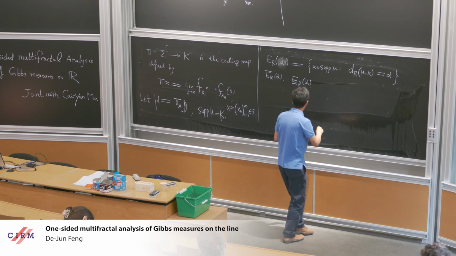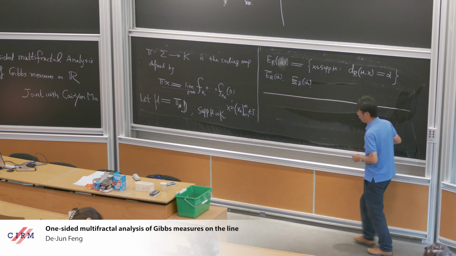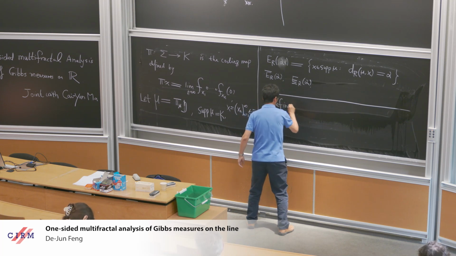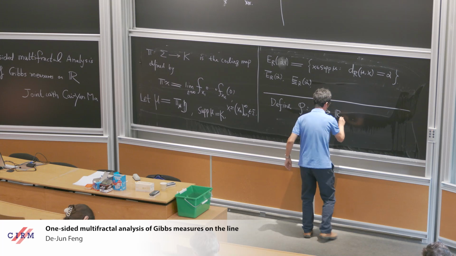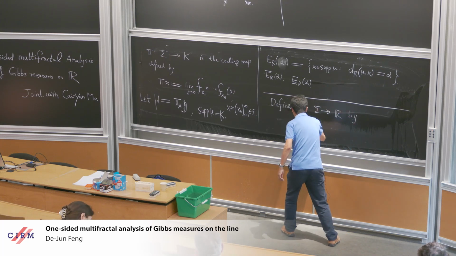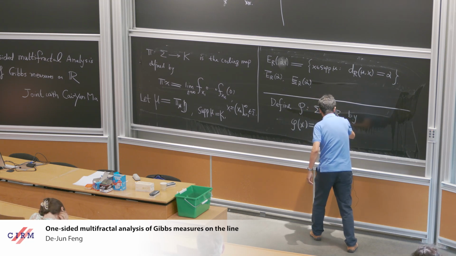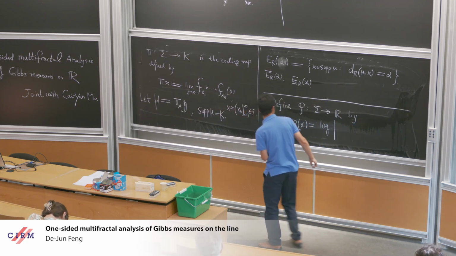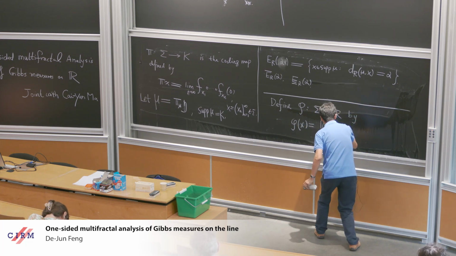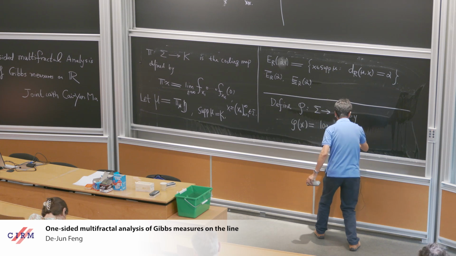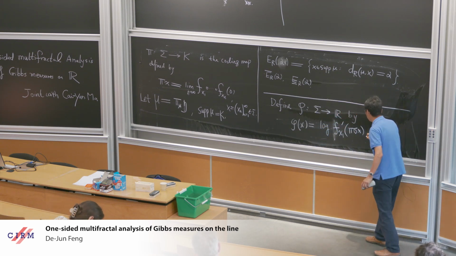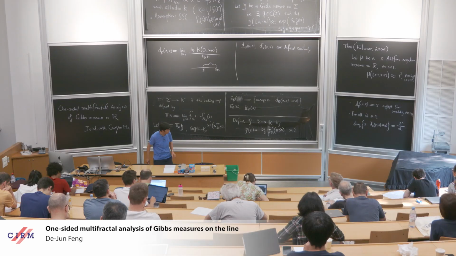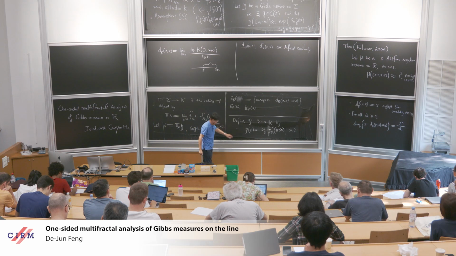Let's first define some potential phi from the symbolic space to R by phi(x) equal to the logarithm of, not necessarily absolute value, because our derivative is assumed to be positive, so this is just the logarithm of f_{x1} derivative at pi(sigma x), for x in the symbolic space. So that's phi(x).